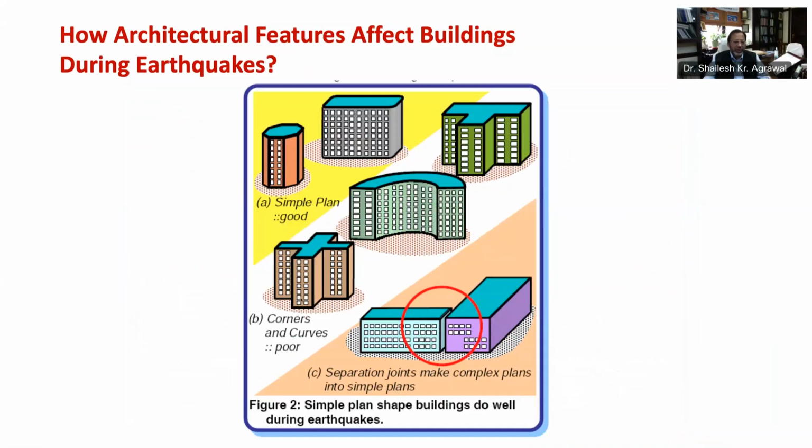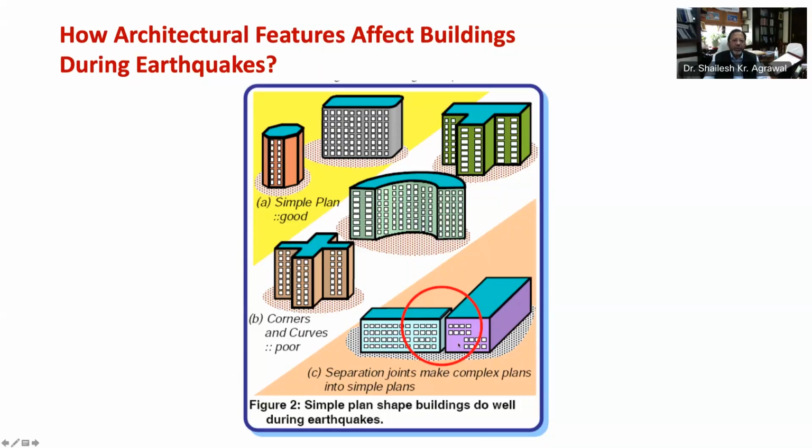The common solution is to make buildings in two parts as shown in this figure. This L-shaped building can be broken into two rectangular plans using a separation joint at the junction.